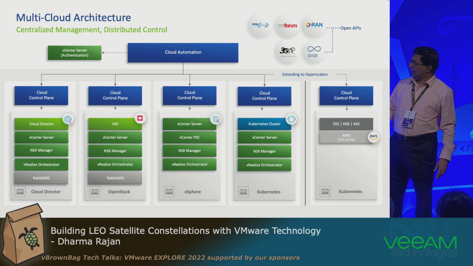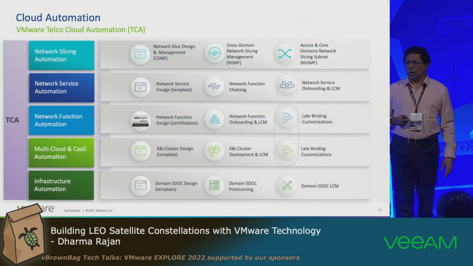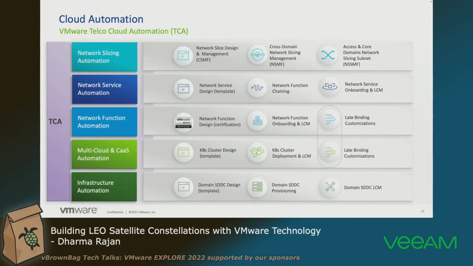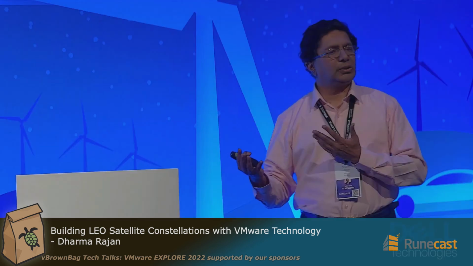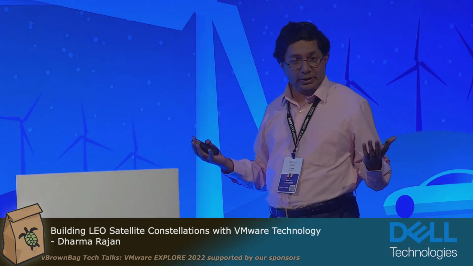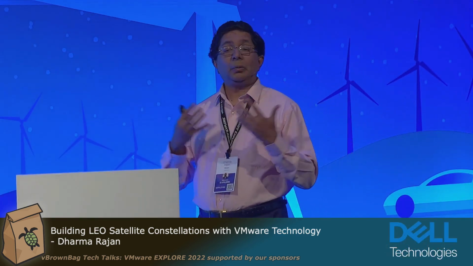With that said, let me quickly give you a rundown on the automation. There are a couple of sessions at VMware Explore on this area, so I'm not going to go deep. But just to give you a glimpse, you could create a slice of a network just to manage your terrestrial network, another slice of a network just to manage your non-terrestrial network. So network slicing can come.